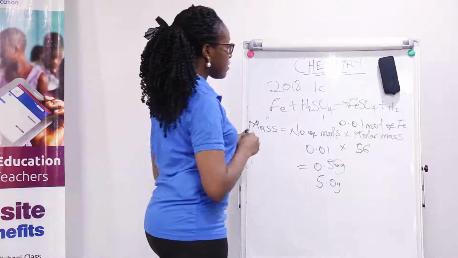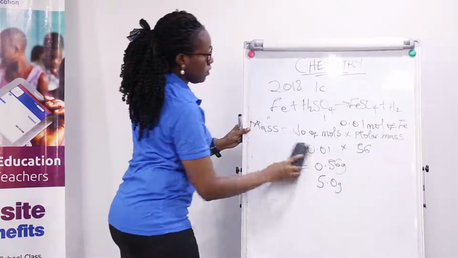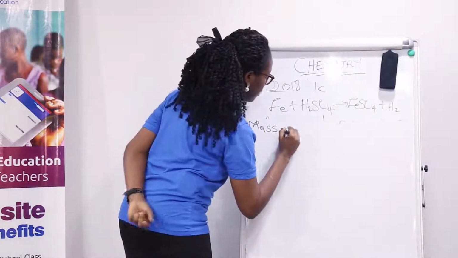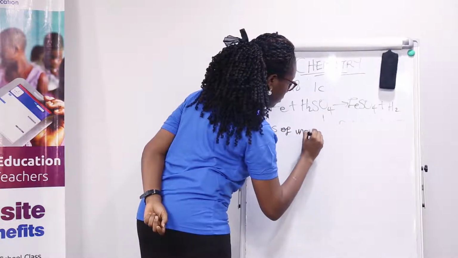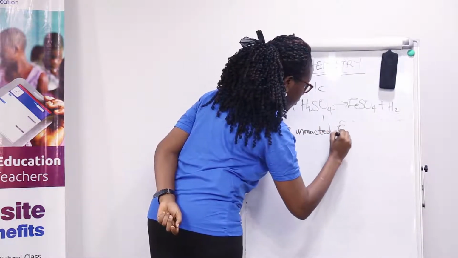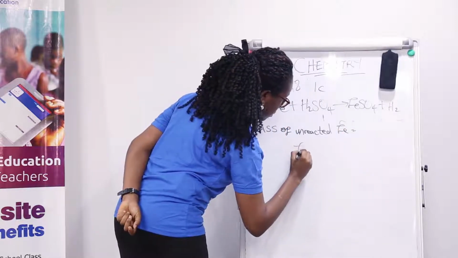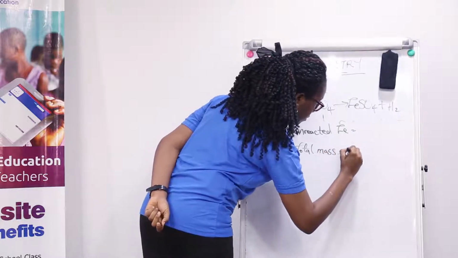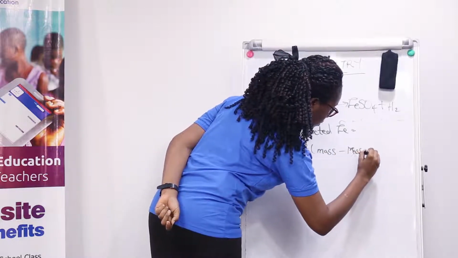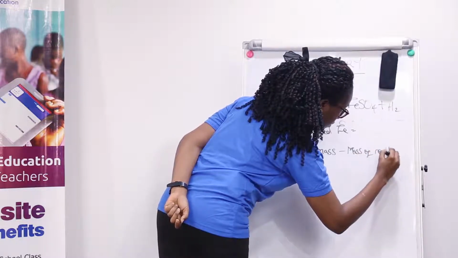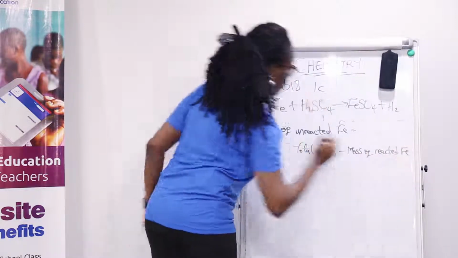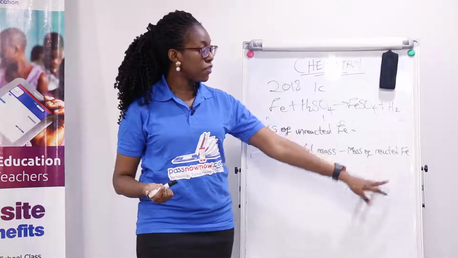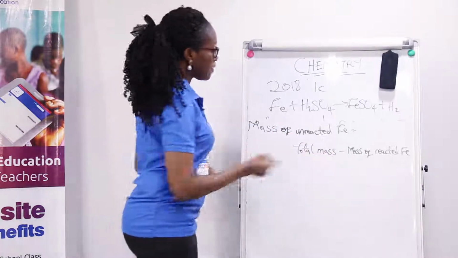So to find the mass of unreacted iron, we'll subtract the mass of reacted iron from the total mass, which is 5.0.